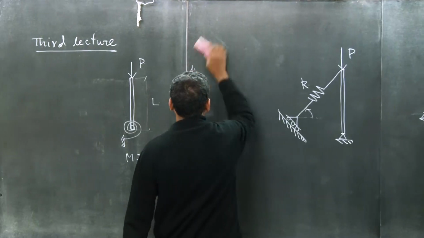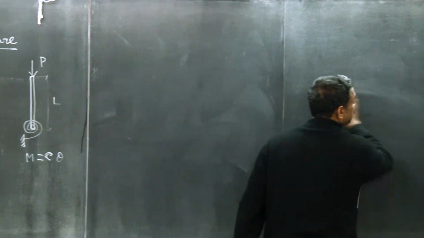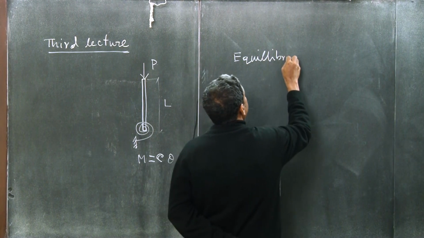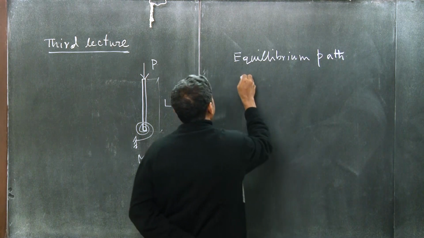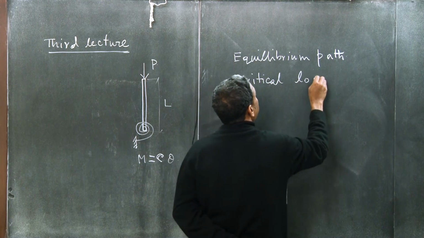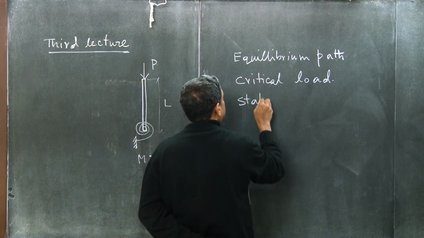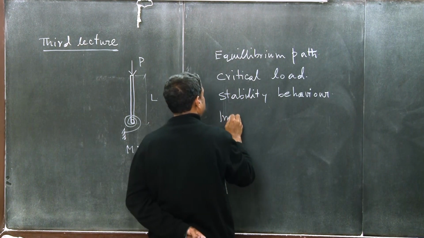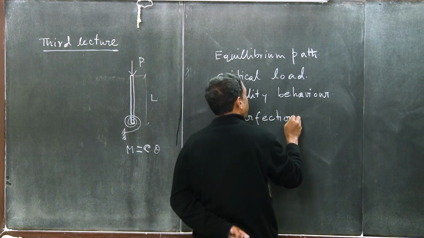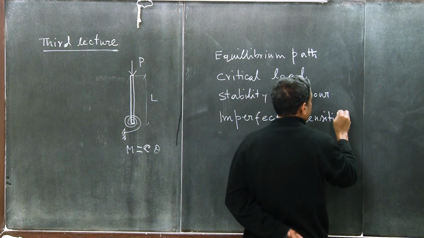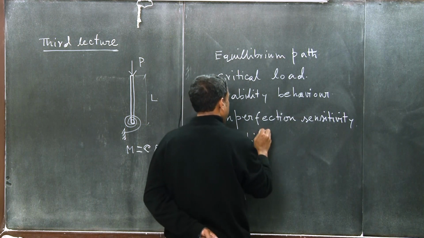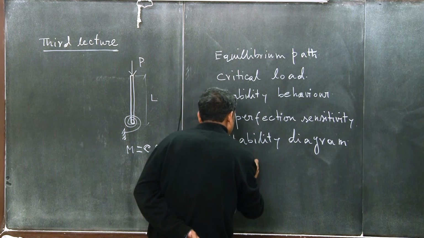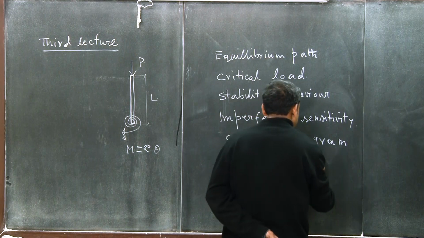So first let us start with the first system. Here we are going to study the equilibrium path, the critical load, the stability behavior, imperfection sensitivity, the stability diagram, and the potential energy functional.